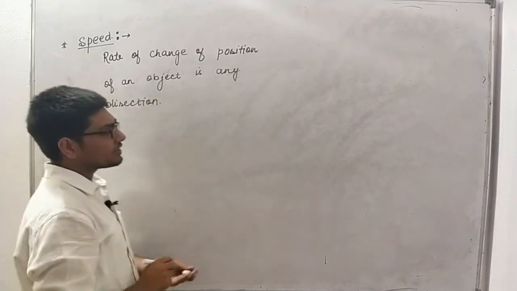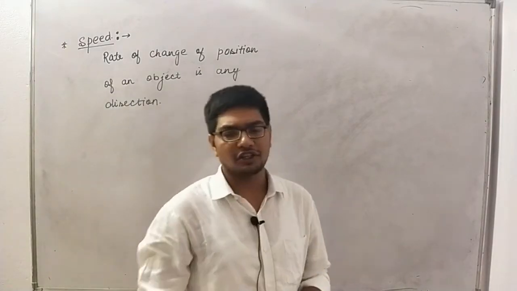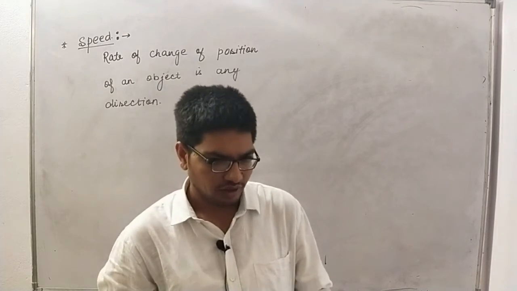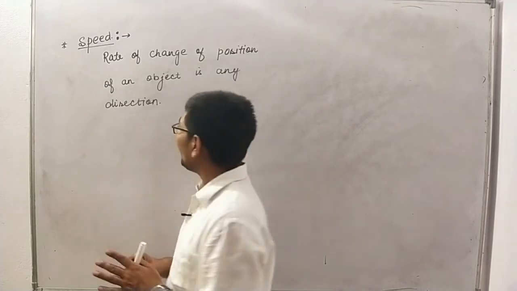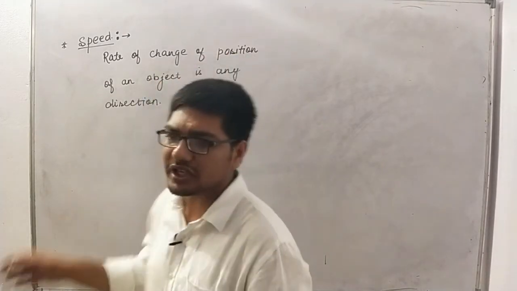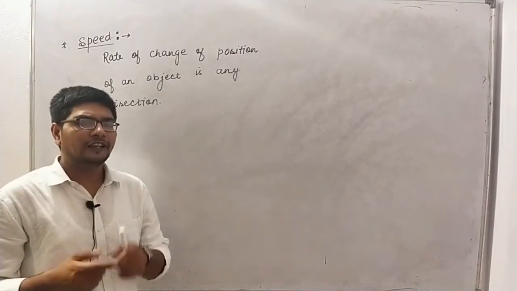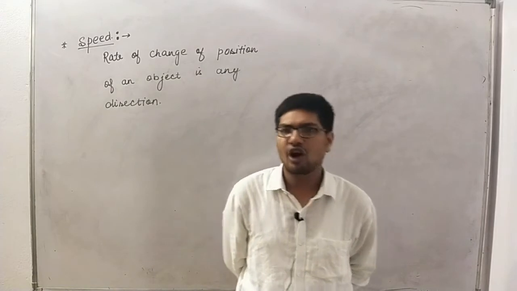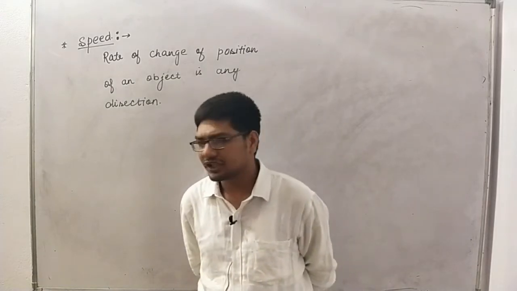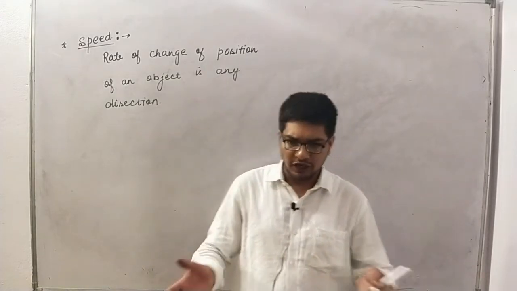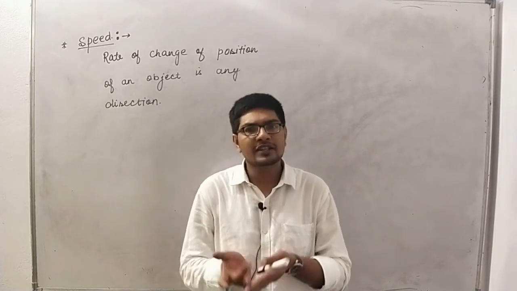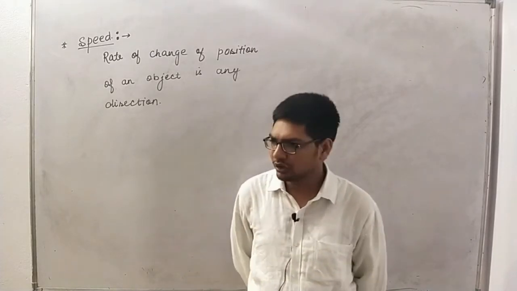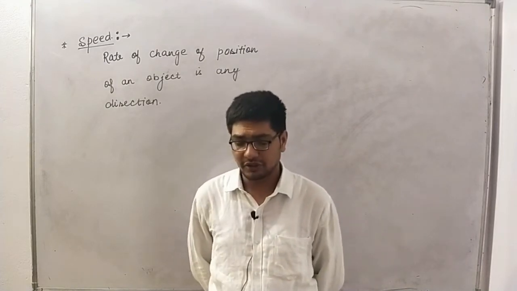Because if the object is changing its position, then definitely the object is in motion. So speed is measured only for the objects which are in motion. If I am standing still here, obviously my speed is 0. You can't measure my speed, because I am not changing my position with respect to time.